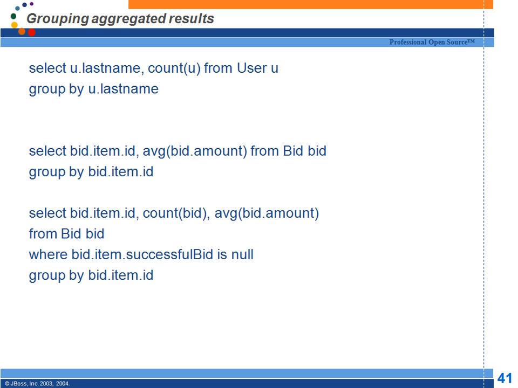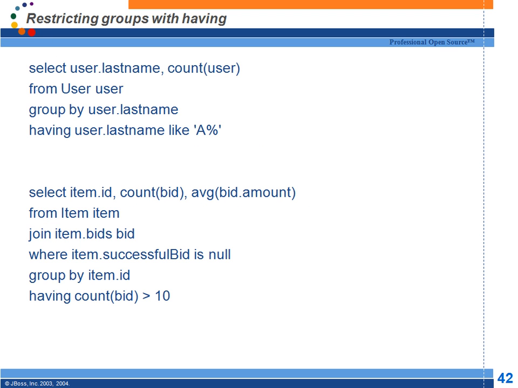This is select u.lastName, count of u, group by lastName, just like SQL, we discussed this in the first one. Group by, this is another example, and here also is group by. There are 3 examples. Group by using having clause, this also we saw in the first one.